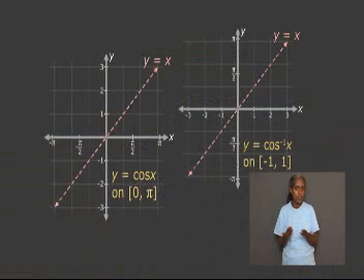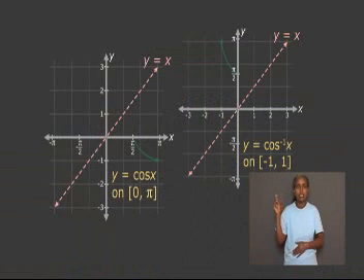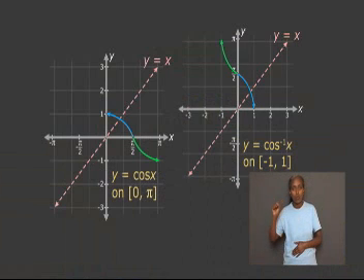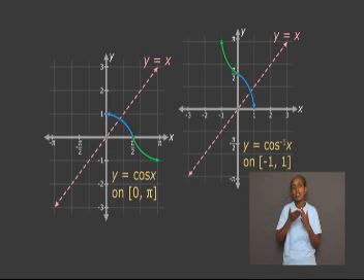However, we can see in this graph that cosine is invertible in the interval of 0 and pi. If we restrict x to this interval, then for every y in the interval of negative 1 and 1, there is a unique x such that cosine of x equals y.